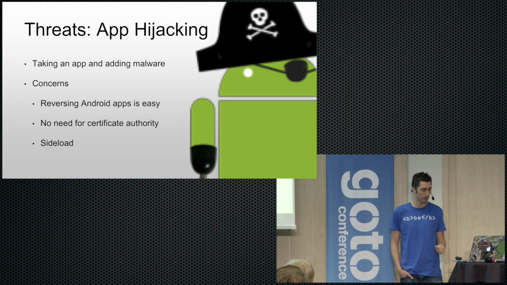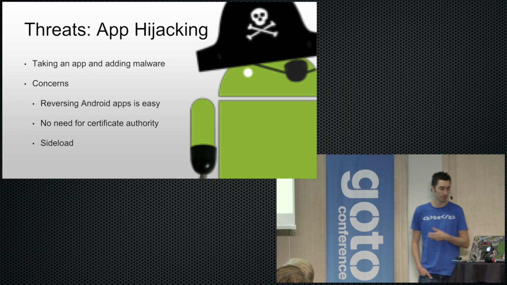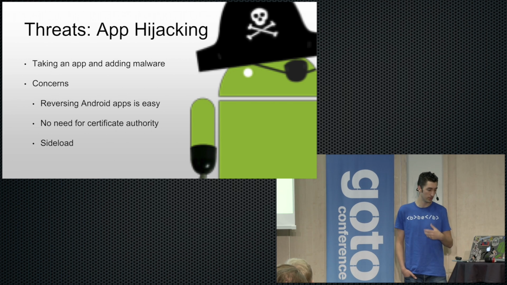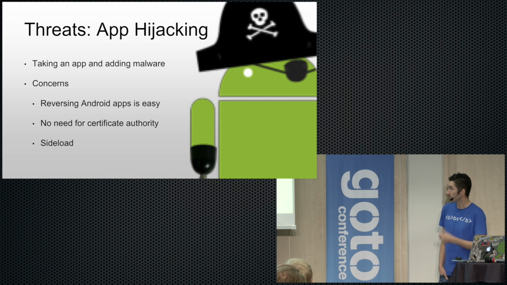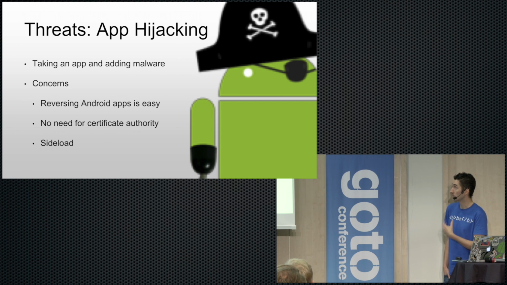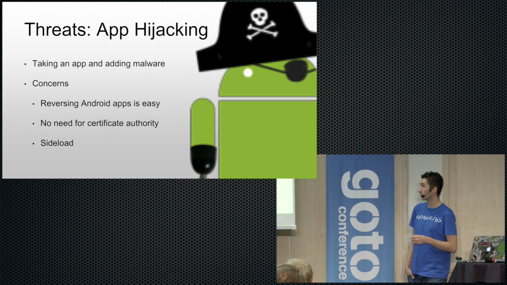One of the other threats we have is app hijacking, also known as Trojanizing apps. The idea is that you take a genuine app, decompile it, and put some malicious code in there, and that can potentially damage your brand if it's your app, and affect your users.